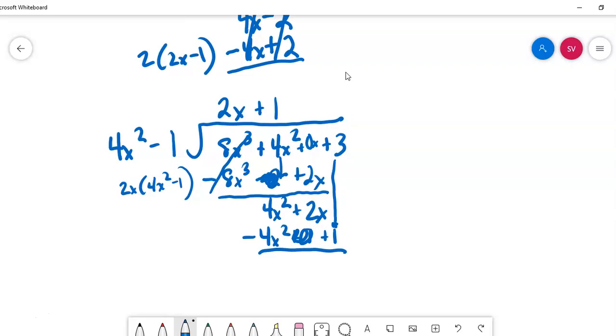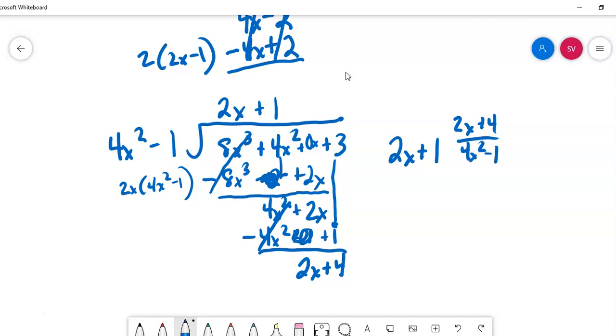So the 4x squareds go away, and then I'm just left with 2x plus 4. This ends up being our remainder. So our answer is 2x plus 1, remainder 2x plus 4 over 4x squared minus 1.